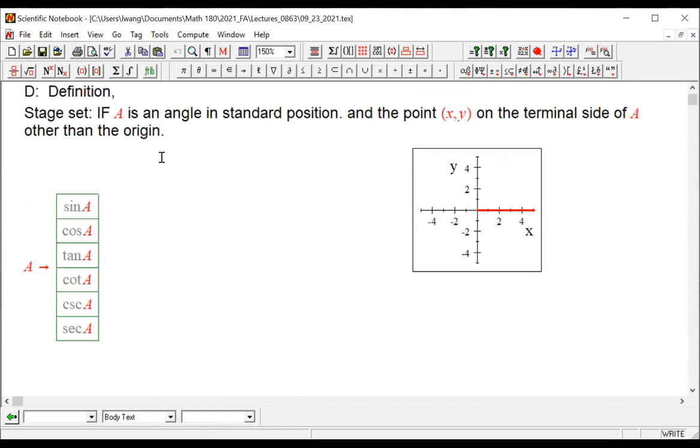So in short, A is an angle in standard position, meaning the angle is measured either counterclockwise or clockwise. Counterclockwise is a positive angle, clockwise is a negative angle. So it determines how we get the terminal.